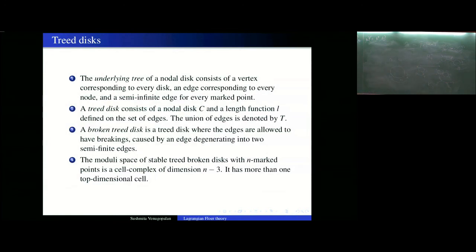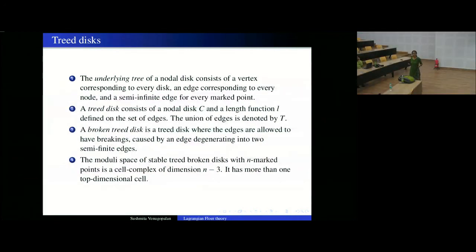This is exactly to model these kinds of things which we saw earlier. So a broken tree disk has this additional feature that edges are allowed to have breakings, caused by an edge degenerating into 2 semi-infinite edges.